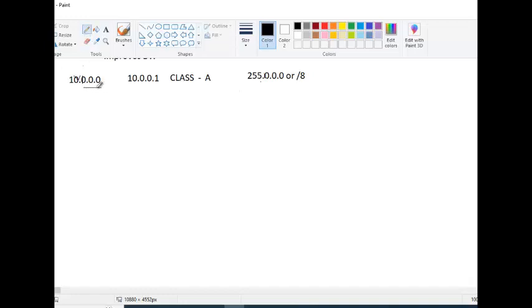From these bits which are not masked. They are meant for host. For the network only 8-bit is masked. The other 24-bit is given for host, but now you're going to take some bit and give it to network. If you take some bit and give it to network from this octet, then you will have some number here.